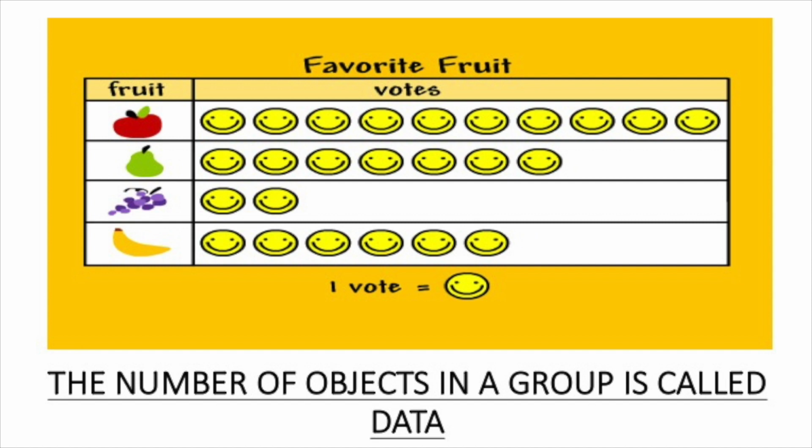But how about for apples? How many votes for apples? How many for pears? And how many for grapes? Excellent. So you can see, by following the key, we can know how to represent the data and analyze it.